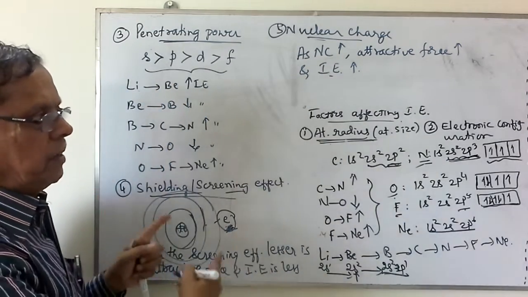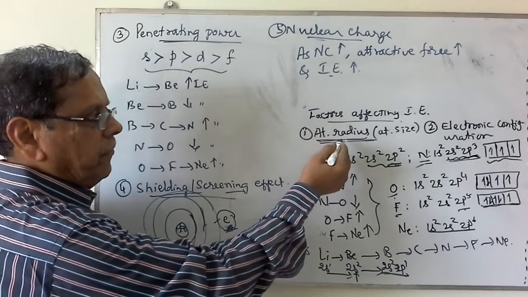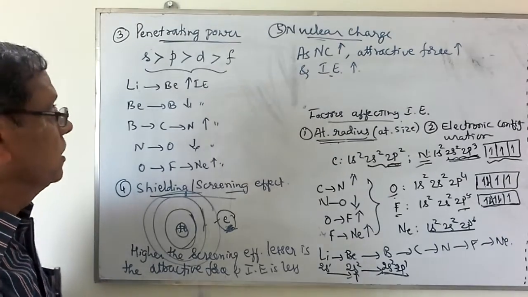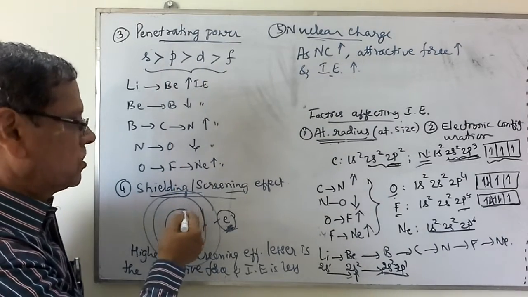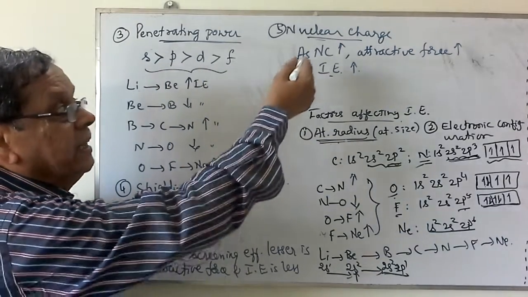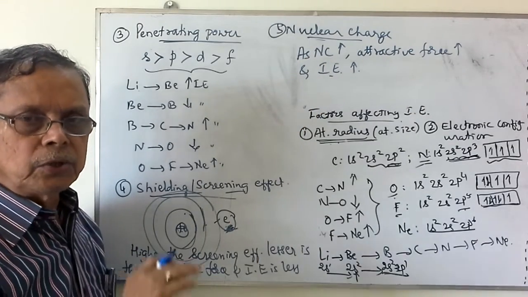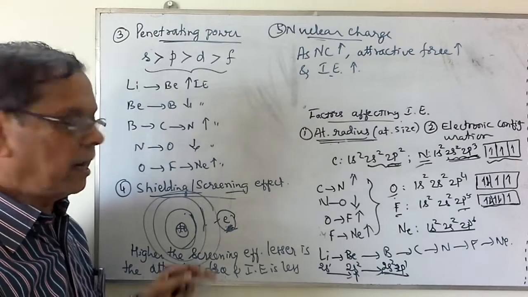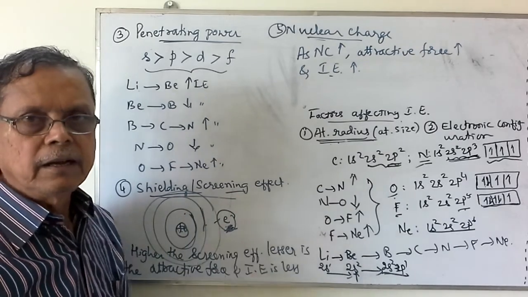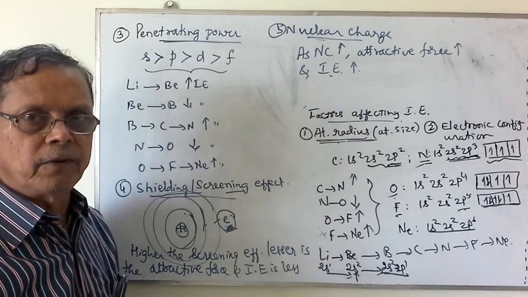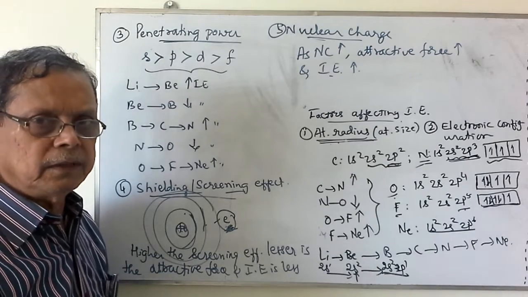All these explanations, effect of atomic radius, electronic configuration, that is half filled or completely filled configuration, penetrating power, shielding or screening effect, and then the nuclear charge, can be considered to give the variation in the ionization energy in the periodic table, that we can represent by using a graph.